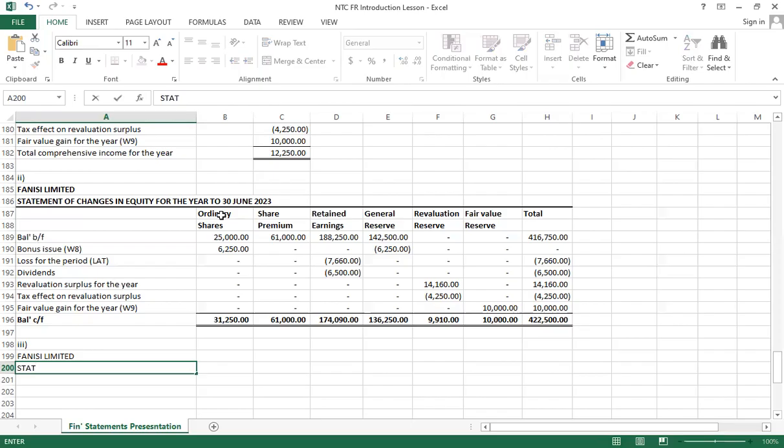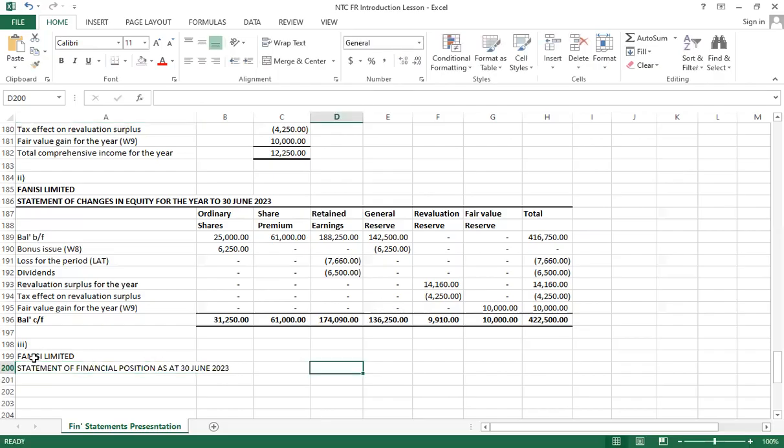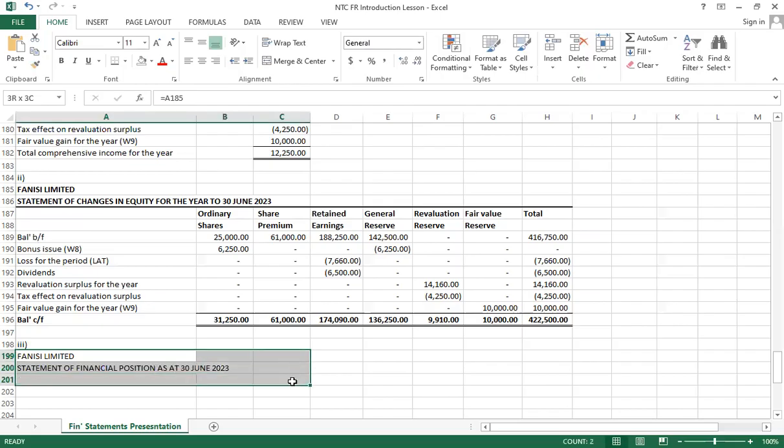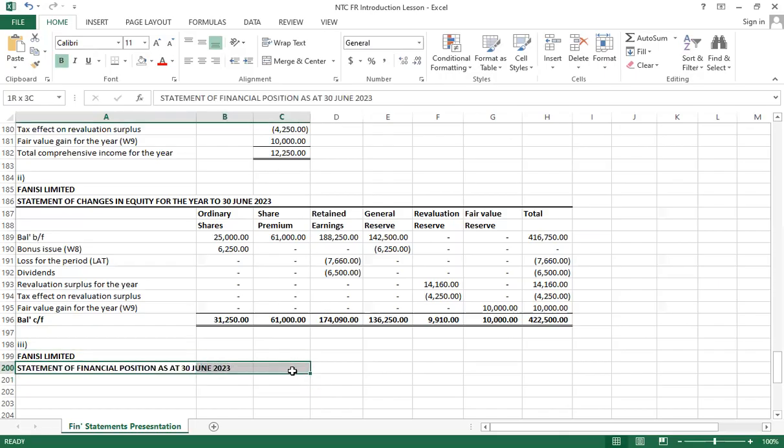All right, so the next statement is the statement of financial position of Sofanisi Limited, at 30th June 2023.